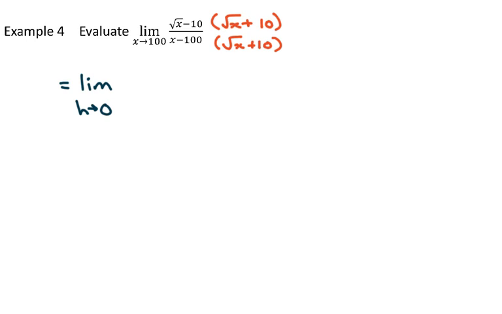But doing the top, root x times root x is just x. Root x times 10 is plus 10 root x. The 10 is outside a root, the x is inside. They can't multiply together, they are not like. The inside bits, we have negative 10 times root x, which is minus 10 root x.